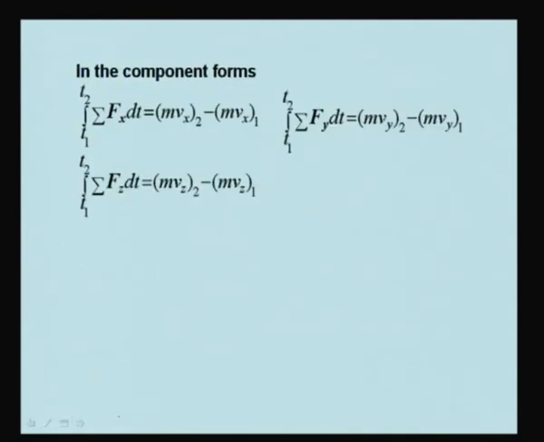In component form, these equations are like this: the integral from t1 to t2 of sigma Fx dt is equal to m vx2 minus m vx1. The integral of sigma Fy dt is equal to m vy2, where vy is the velocity component in the y direction, minus m vy1. The integral of sigma Fz dt is equal to m vz2 minus m vz1, where vz is the velocity component in the z direction.